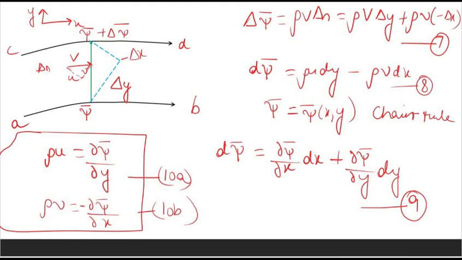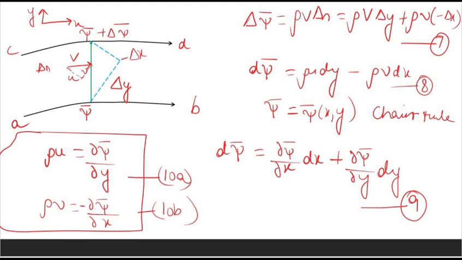Then at any point in the flow, what happens? These rho u and rho v can be obtained by differentiating psi in that respective direction. Correct? In this equation, we are able to see that I can obtain the velocities by using this equation.